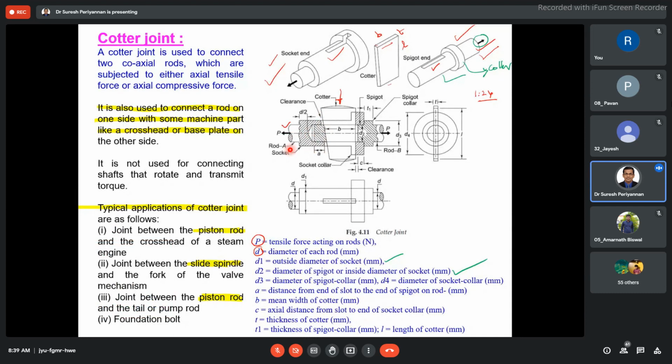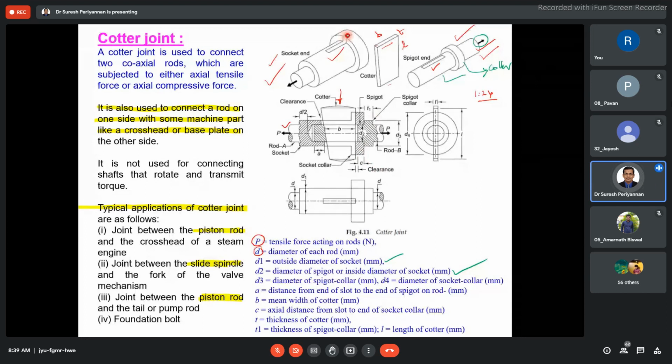B is nothing but the width of the quarter. As I told you, this is the width of the quarter. C is the axial distance from the slot end to the socket collar.